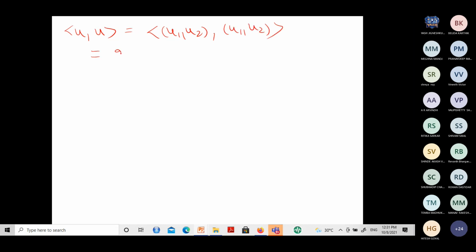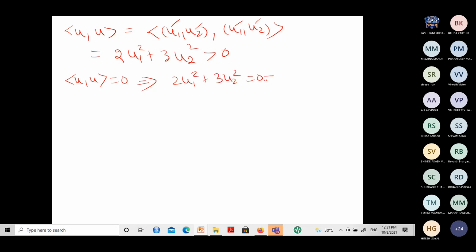So according to the definition, it should be 2 into U1 into U1, 2 U1 square plus 3 into U2 into U2. So hope this is always greater than or equal to 0. Yes, this is always greater than or equal to 0. So if this is 0, then automatically 2 U1 square plus 3 U2 square is 0. That is U1 and U2 are both 0. That is U is itself 0.